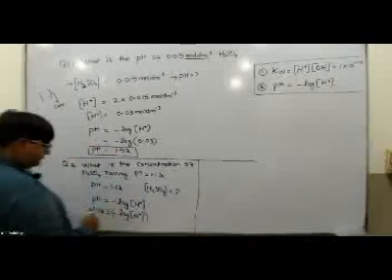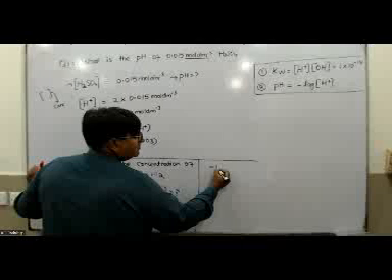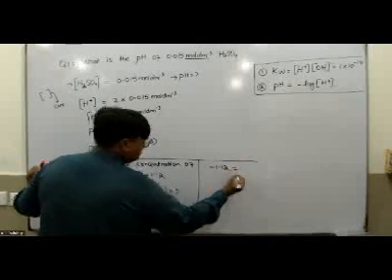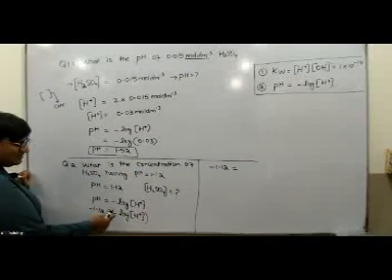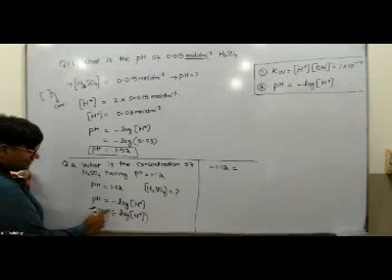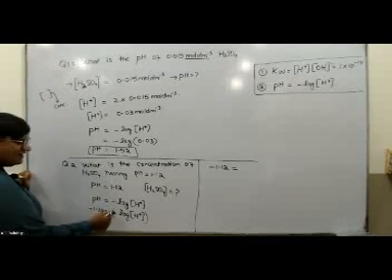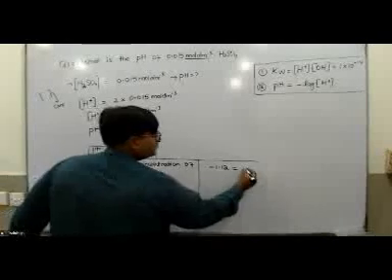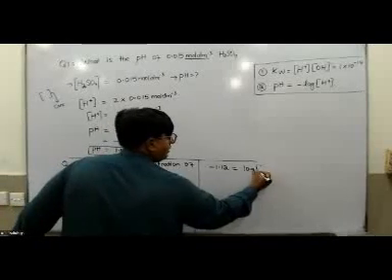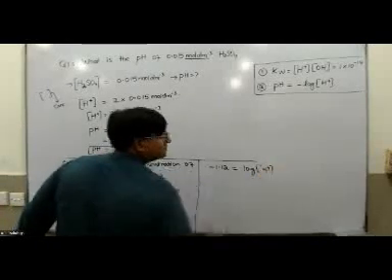So it becomes negative 1.12, equal to negative and negative, which become positive. So it becomes log of hydrogen ion concentration.